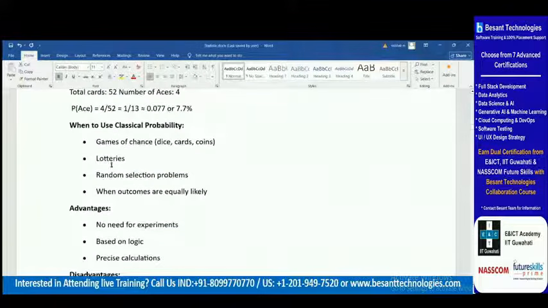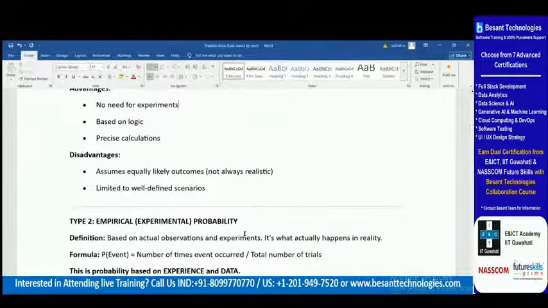Okay, so I have given certain examples for this. And when to use classical probability is in games of chance, like lotteries. You can use it in random selection problems. When outcomes are equally likely, you can use this kind of probability. And there are some disadvantages while using this.